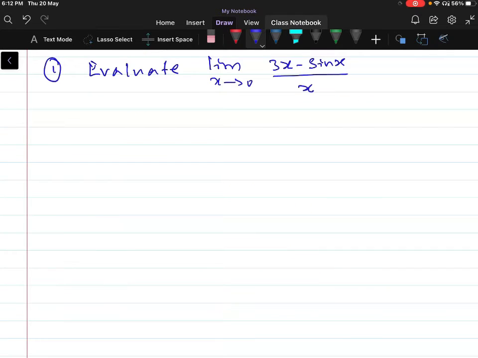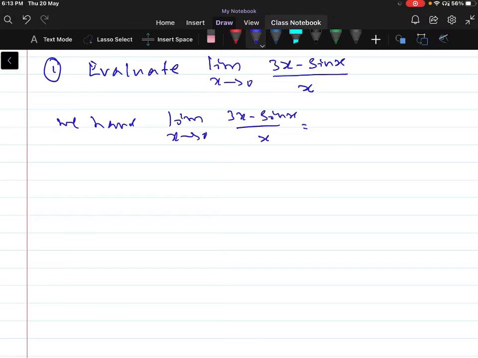Now to the problem. Evaluate limit as x approaches 0 of the function 3x minus sin x by x. So by using L'Hôpital's rule, we can evaluate this function when x approaches 0.